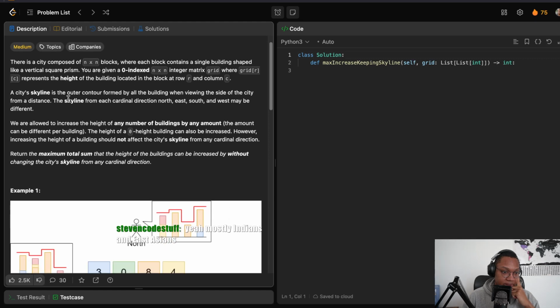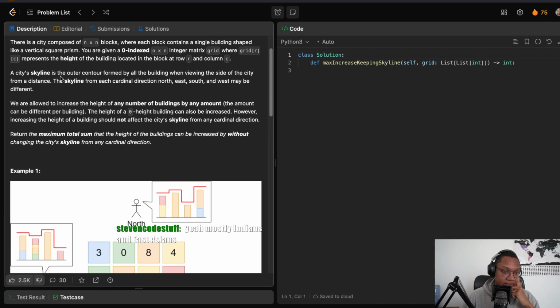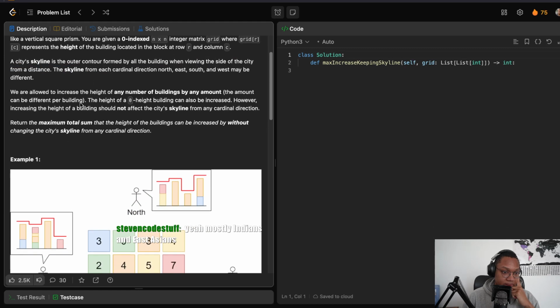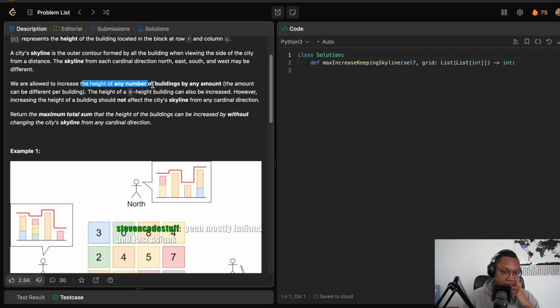RC is the height, the city skyline. We are allowed to increase the height of any number of buildings. The height of a 0 height building can also be increased. However, increasing the height of a building should not affect the city skylines from any cardinal direction.